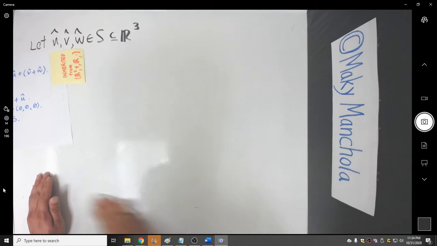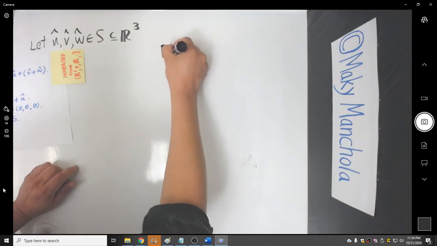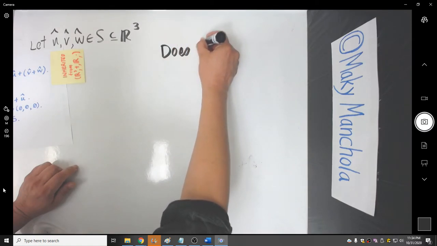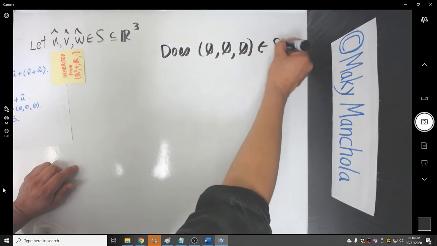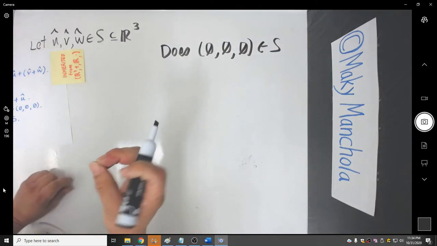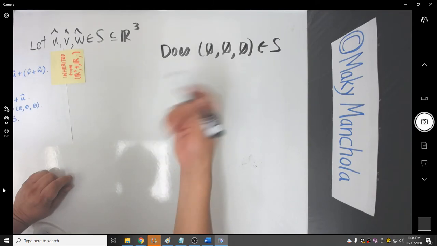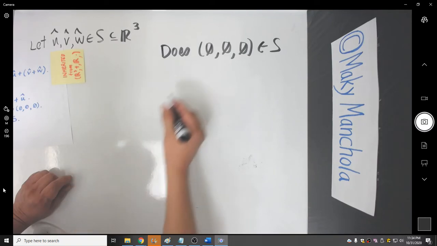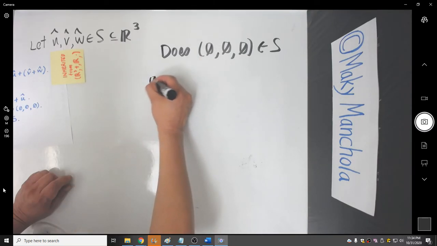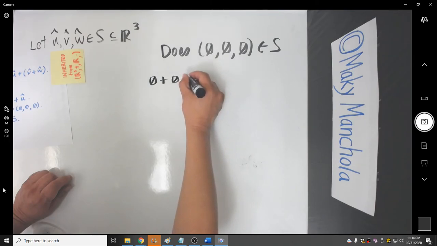So does theta, which is 0, 0, 0, belong to our set S? Well, the question we have to ask is, if we add the entries, do we get 0? If that's the case, then that element belongs to S. Well, in this case, that's pretty much true. I'm adding the 3 entries of theta.